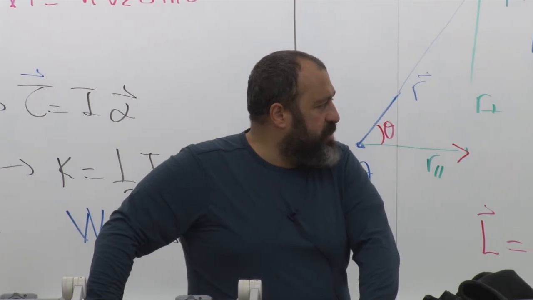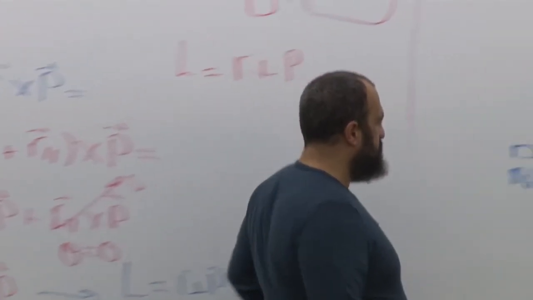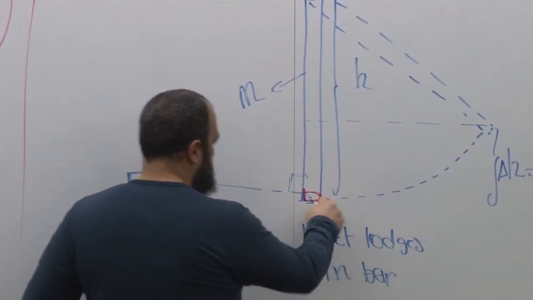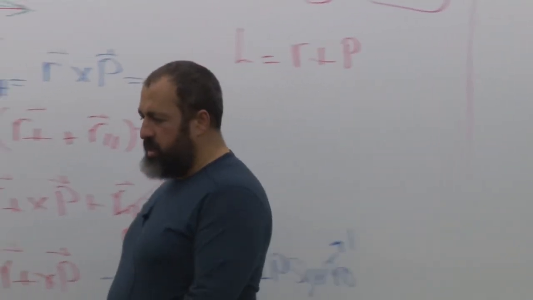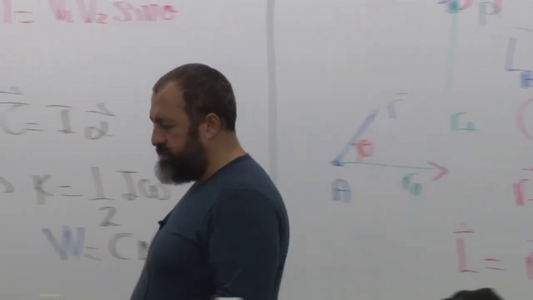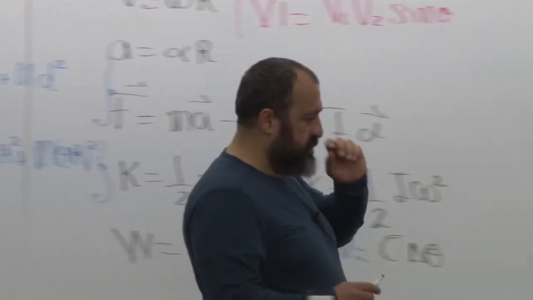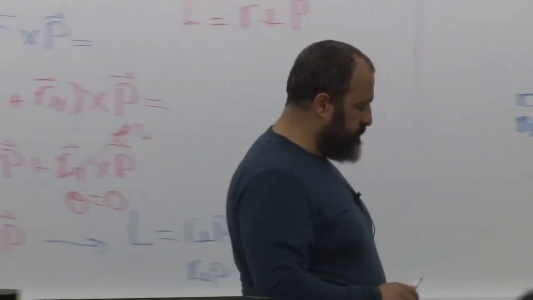It's going to strike the bottom of the bar and lodge itself in there. Boom. The bullet will be right in there, and bring the whole thing up. So we have to use momentum. Yeah, and conservation of momentum.